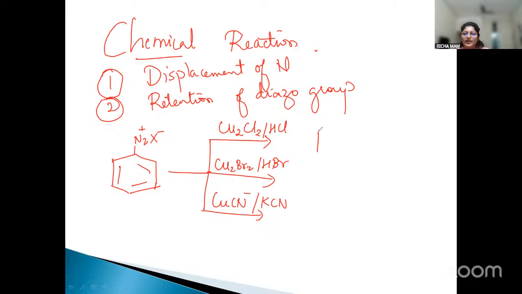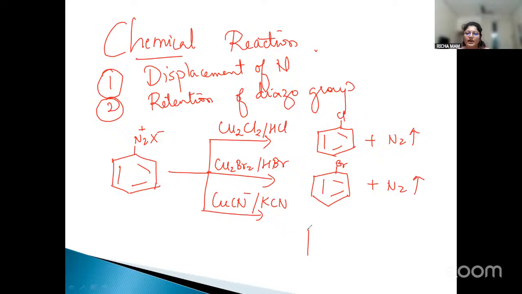So I can get chlorobenzene, Cl plus N2 liberated; bromobenzene, Br plus N2 gas liberated; and at last, CN plus N2 gas liberated.